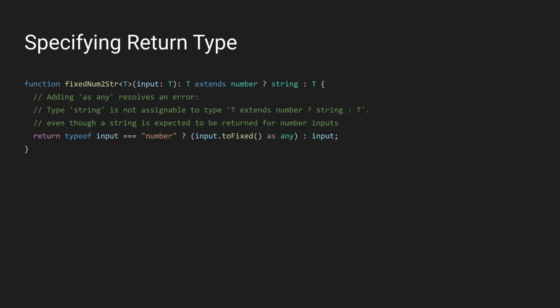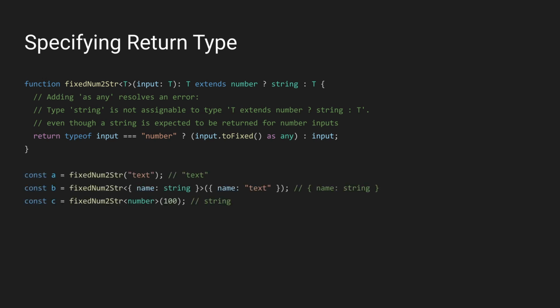We are forced to add as any to resolve an error that says that the string is not assignable to type T extends number, etc., even though a string is expected to be returned for number inputs. TypeScript was not able to deduce that we are implementing proper code and forces us to use the as any workaround. This will happen quite often inside generic functions.